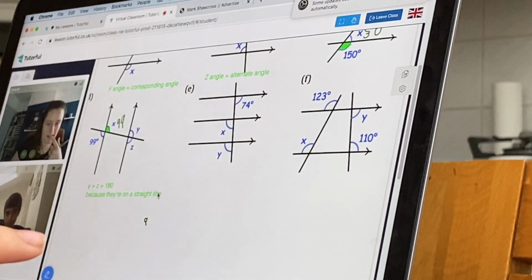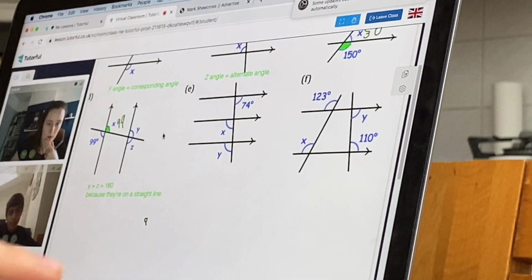Z? Yeah. So let's have a look. So 99 is here. No, it's y, yeah, brilliant. If we look, we've got the parallel lines facing vertical this time. So this pink angle is between one parallel line and the straight line, which corresponds to this one.